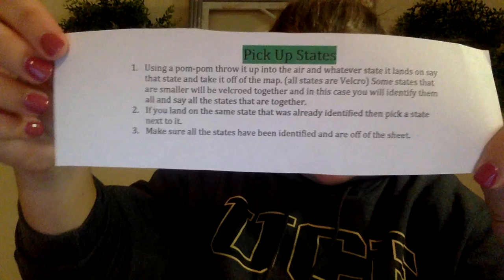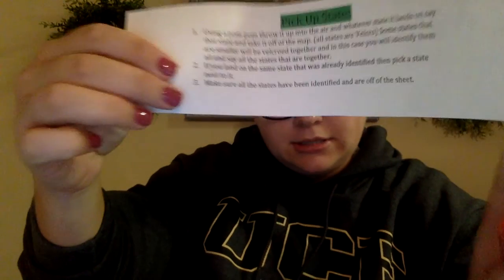For regions. Day 2, we go a little bit more in depth with what's within the regions, which are the states. Here's the directions. They will be using a pom-pom, just like this, and they will throw the pom-pom on these.